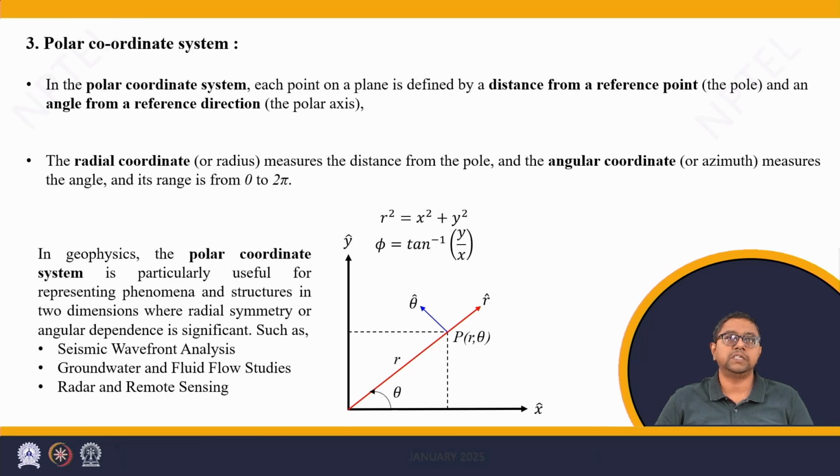As the name suggests, it has wide utility in representing polar based quantities. In geophysics, the polar coordinate system is useful in representing various phenomena. But first, let us look at the basic building blocks of the polar coordinate system.